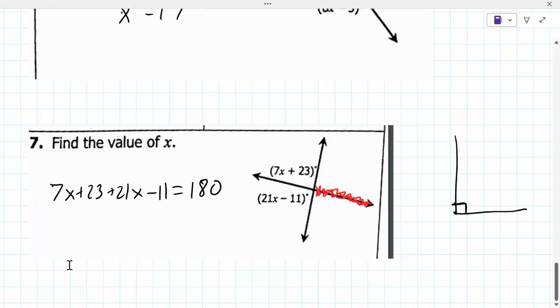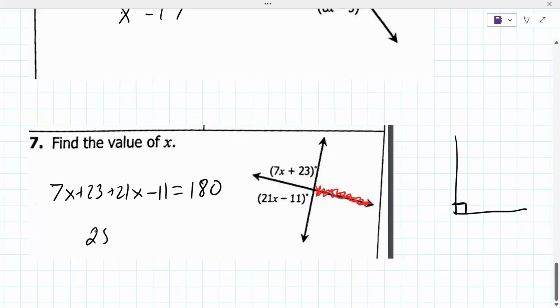Why don't you try solving this for us, please? X equals 6.